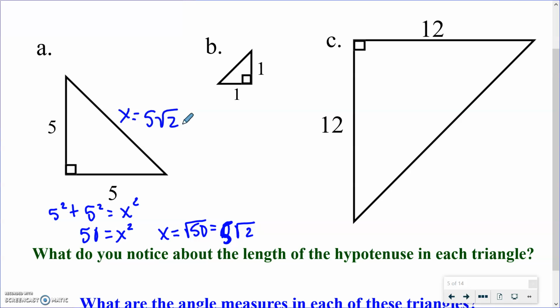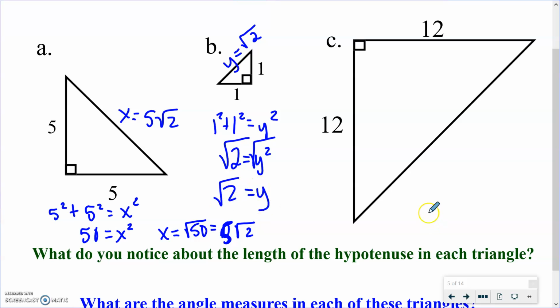If you use the Pythagorean theorem to figure out the length of this missing side on triangle B, we do 1 squared plus 1 squared equals, and we'll call this one y squared. So 1 squared plus 1 squared is 1 plus 1, so that's 2 equals y squared. We take the square root of both sides, and we get that this is the square root of 2. It can't be simplified.